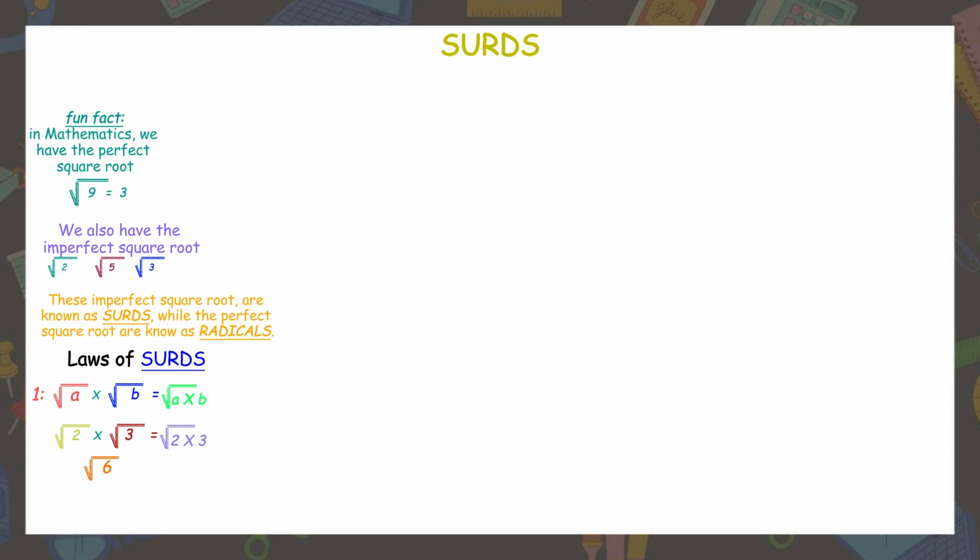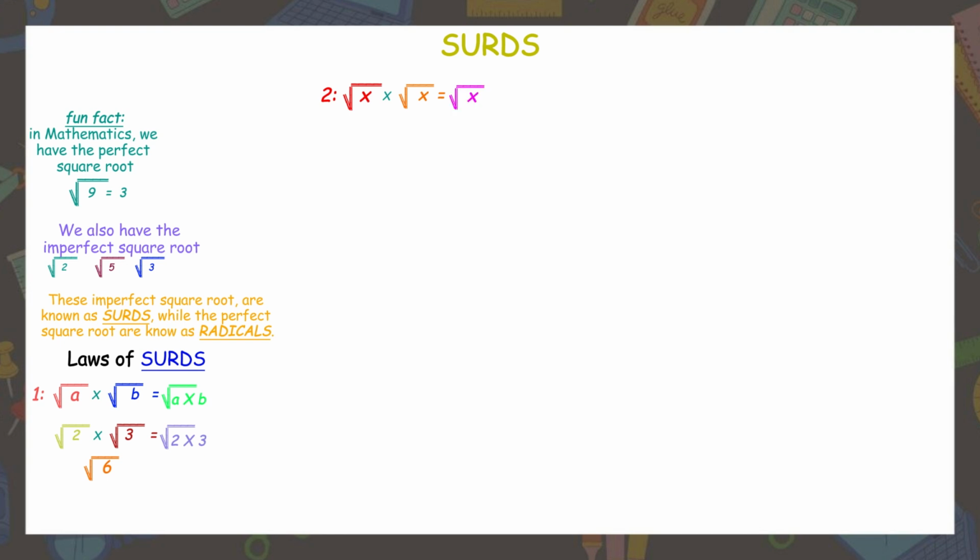Then number 2, another law is when we have the same square root, like root x multiplied by root x, root x times root x will give us x, because the square root will go.